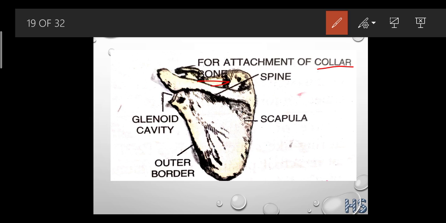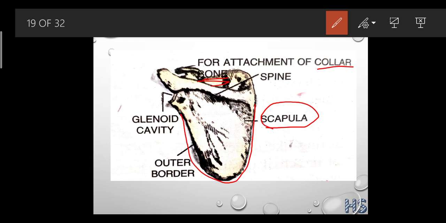Collarbone is the front part which we can see around the neck, the collar part, and the scapula is exactly on the back side. If you contract your back, we can see the scapula projecting out. This is the scapula.